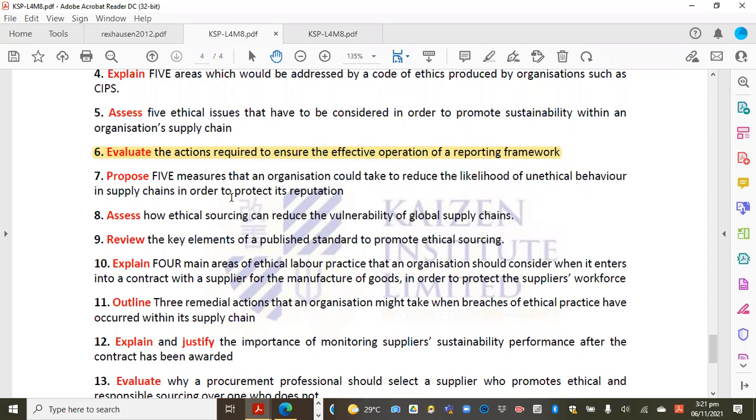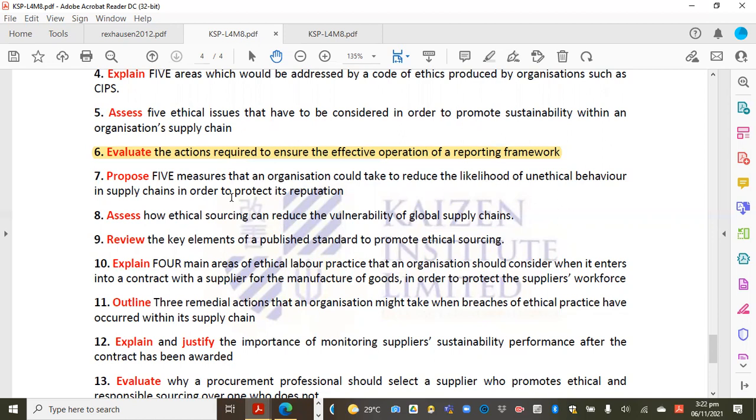Yes, even awareness creation through webinars can help. You can check the supplier's awareness of the existence of ethical standards in the supply chain. The supplier may not even know that there is something like ETI, or even ILO. They don't know. So if you're able to check that, it will help. Okay. Supplier development will also help.